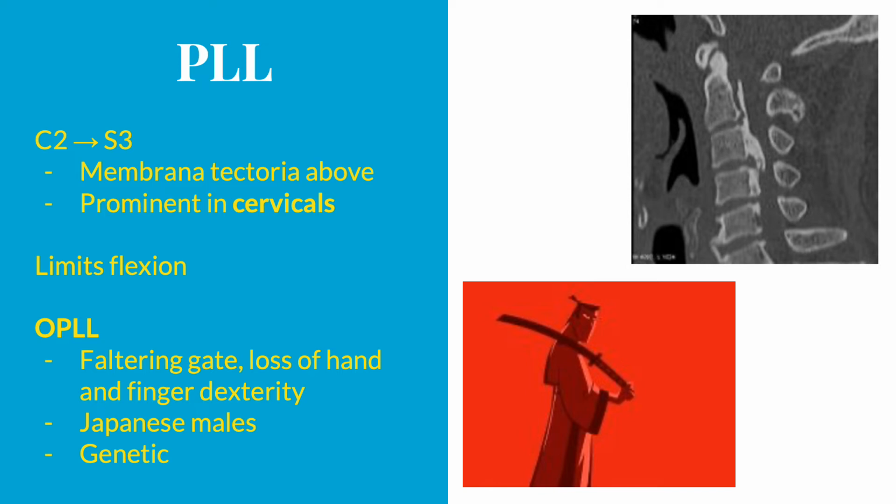But they will give you something with a really dramatic DISH, so diffuse idiopathic skeletal hyperostosis on that ALL, and then there will be very discrete OPLL, but you can see that there's slight ossification of that posterior longitudinal ligament. That's always going to be more clinically significant because obviously DISH can have its own set of consequences, but OPLL is going to be encroaching on the spinal cord, so that's kind of a big deal.